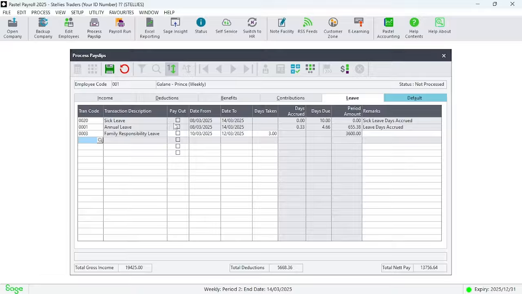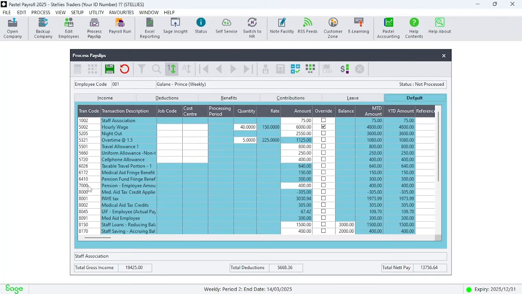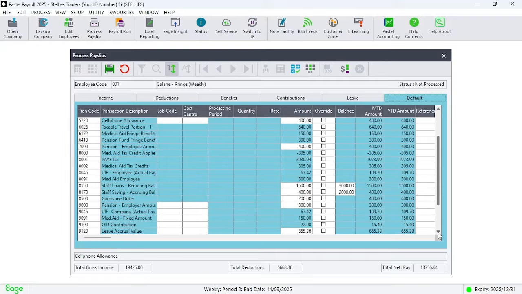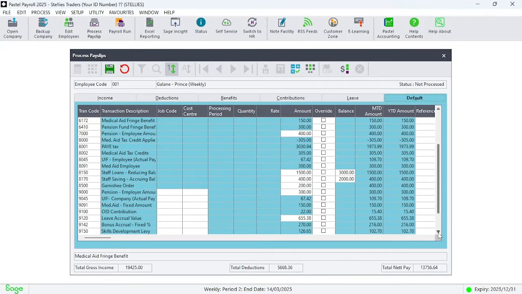So I'm going to click on payout, and then click on save, because that is 6410. If you remember, just to recap, 912 is already there for us, and 9142 is also there.